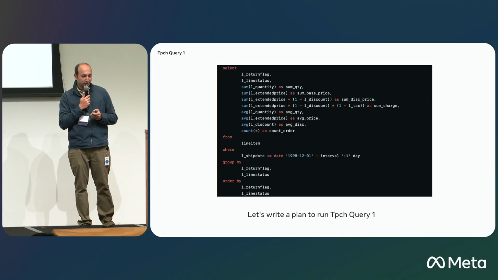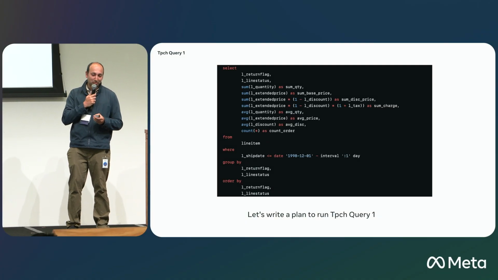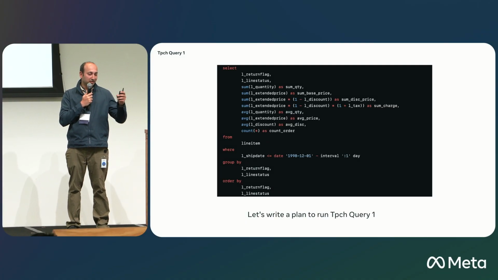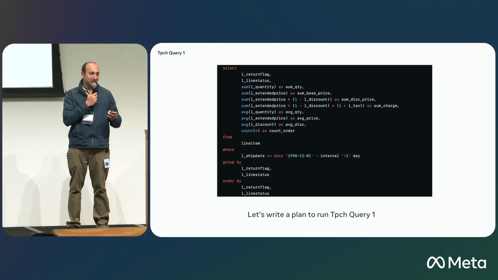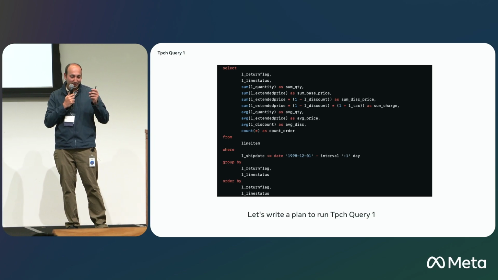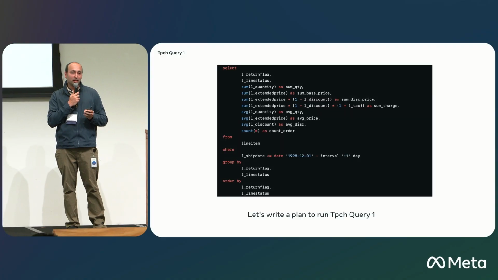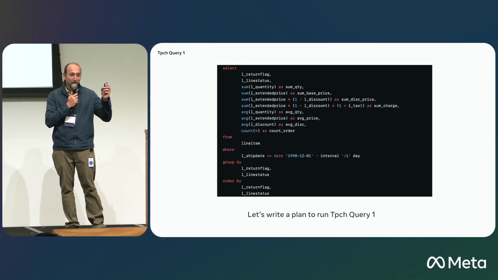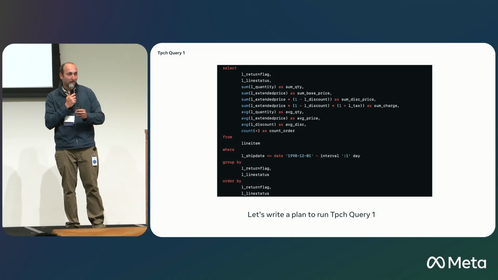Okay, so let's take a very simple and practical use case. This is TPC-H query 1. I've taken the simplest possible case, and we'll write a simplified plan for query 1. Like I said, it's simplified. It's single-threaded. It's one file. And it doesn't do any partial aggregation or remote exchange, nothing.